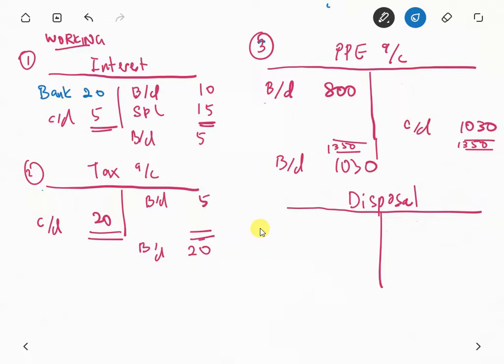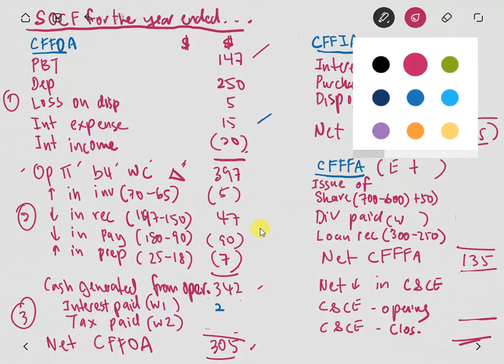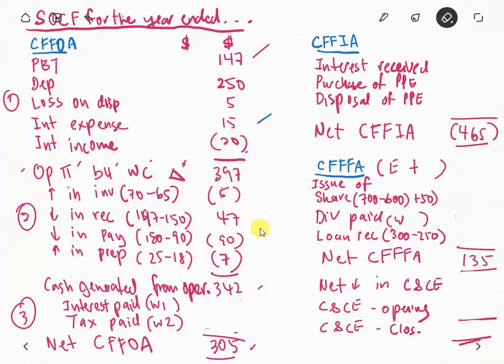Interest expense is 15, however I paid 20. Interest expense 15, I add back. I actually paid 20, so put 20 there from working 1. Remember to show the bracket. Interest paid is different: we add 15, however we minus 20 here, because we have opening and closing.